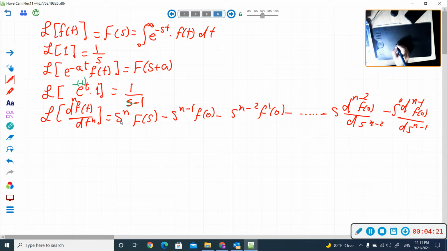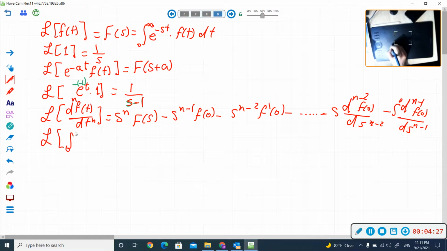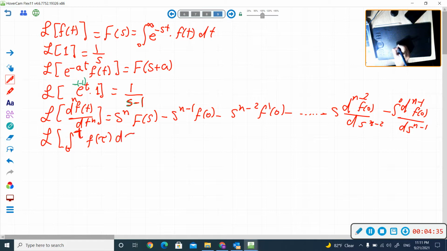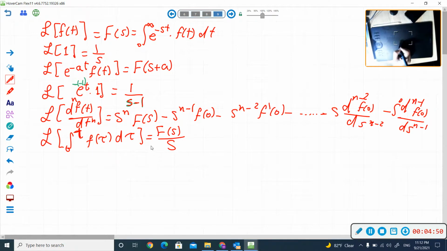Next, we have proved that the integration in the time domain from 0 to t of f of tau d tau, we have proved that it is F of s divided by s. Okay, so the differentiation is transformed into multiplication, and the integration is transformed into division.